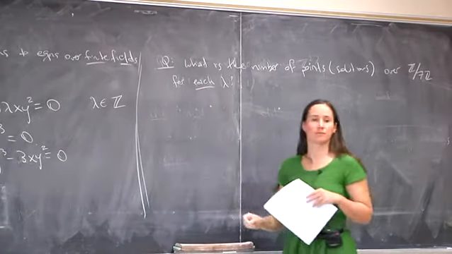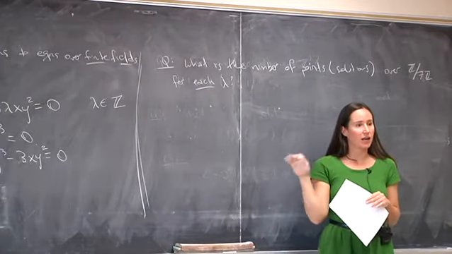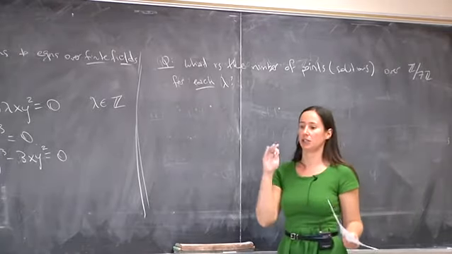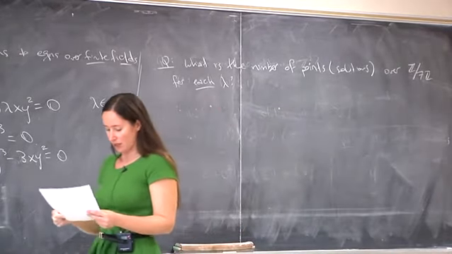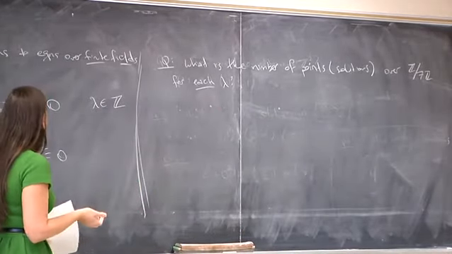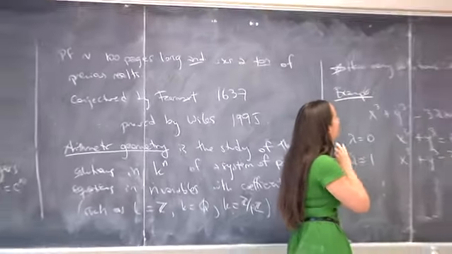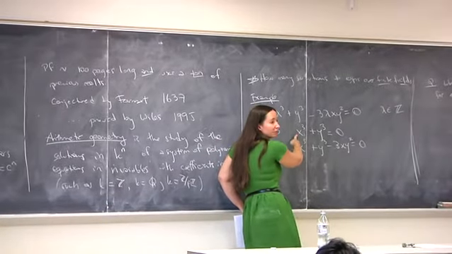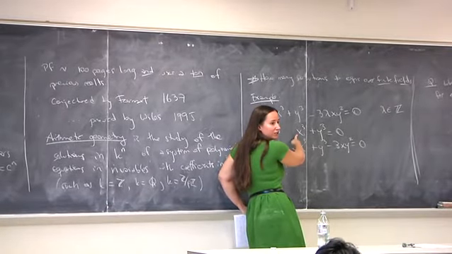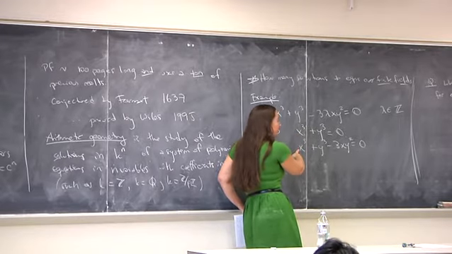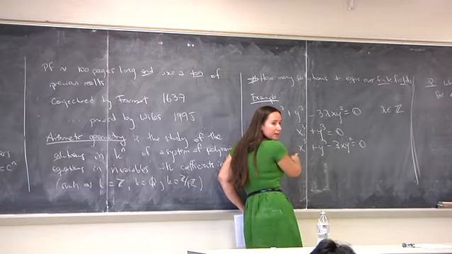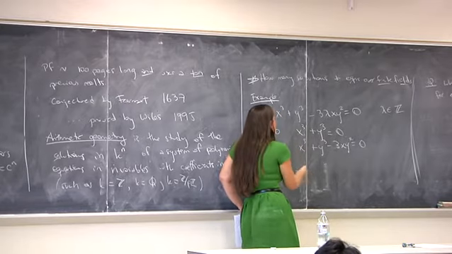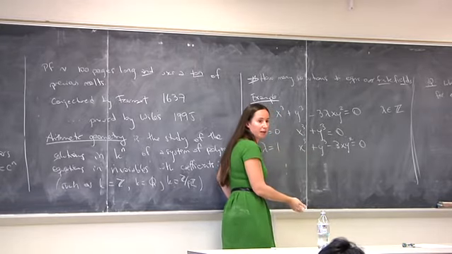Because now I have this lambda parameter, and so I need to know this number of solutions. It might be clear that this is going to have some number of points on it over Z mod 7Z. And this is going to have a number of points on it. It might be the same, but it might be different. But definitely the only thing it depends on is the value of this lambda.